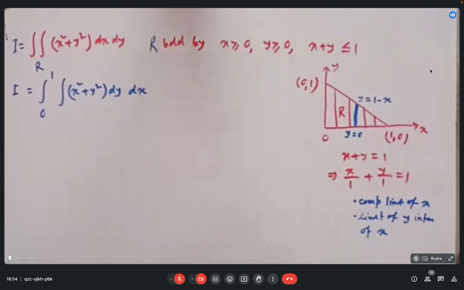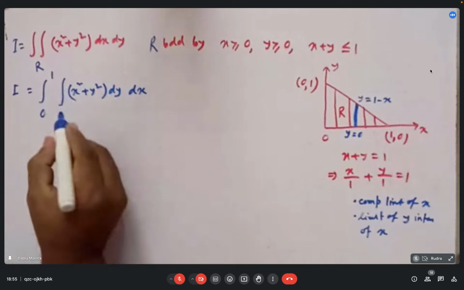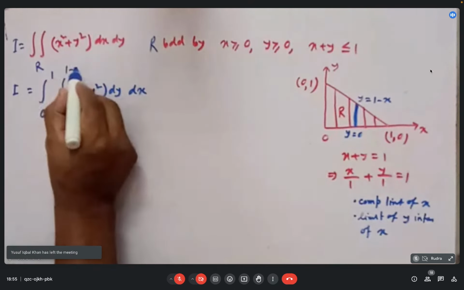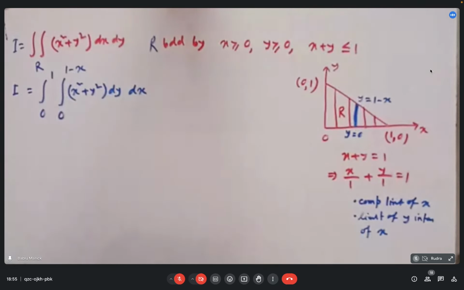So the lower limit is 0 and the upper limit is 1 minus x.